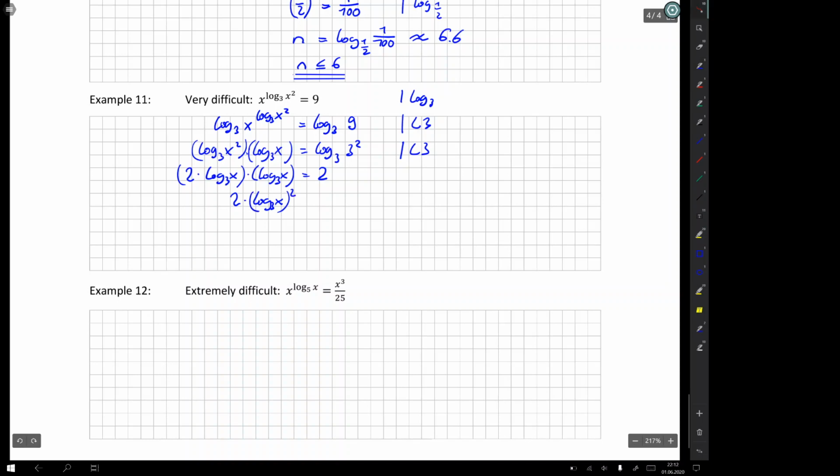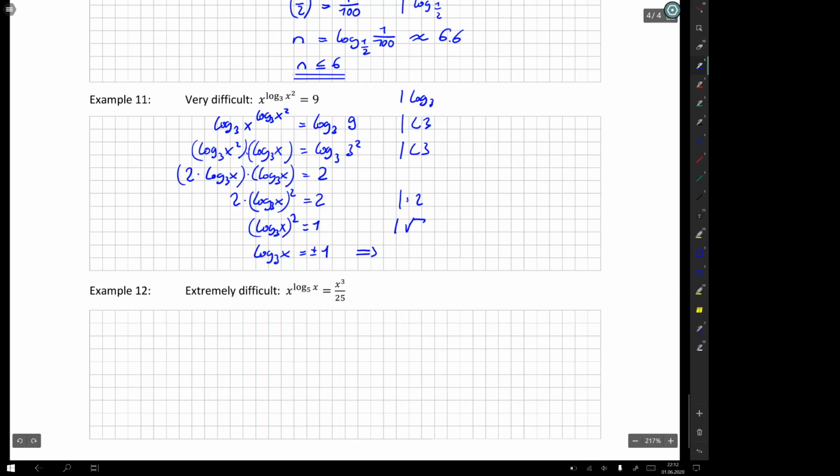Looking at it, I have this whole expression squared, which equals 2. I divide by 2 on both sides. I have (logarithm of x in base 3) squared is 1. We take the root. We get logarithm of x in base 3 is plus or minus 1.